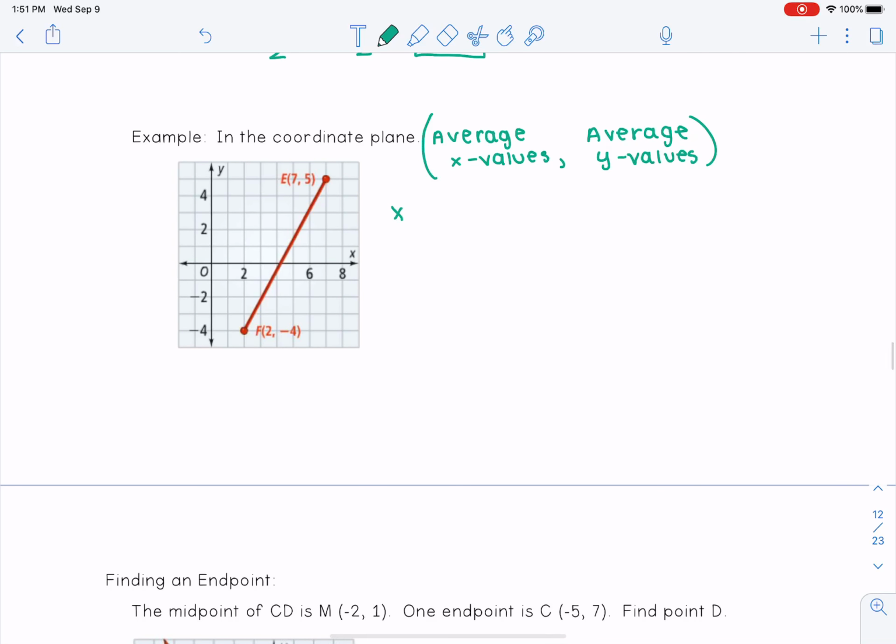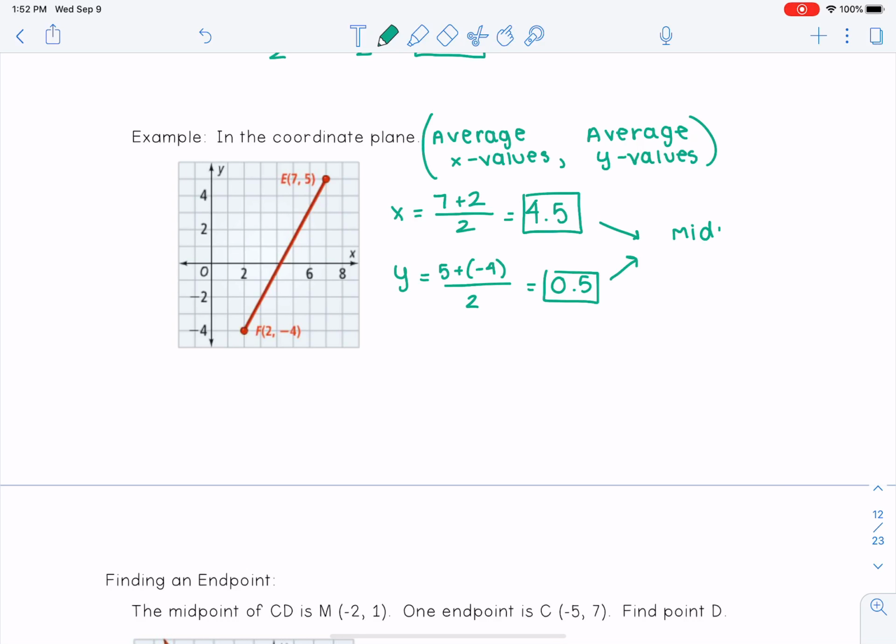For x, our average is 7 plus 2 divided by 2, which is 4.5. And for y, our average is 5 plus negative 4 divided by 2, which is 0.5. And we're just going to turn that into our midpoint. So the midpoint is 4.5, comma 0.5.